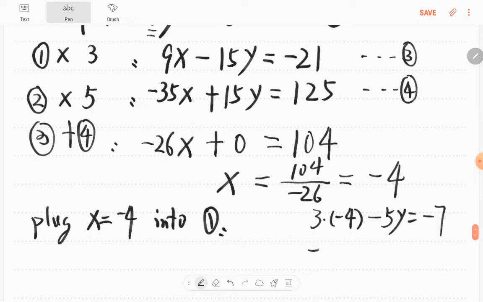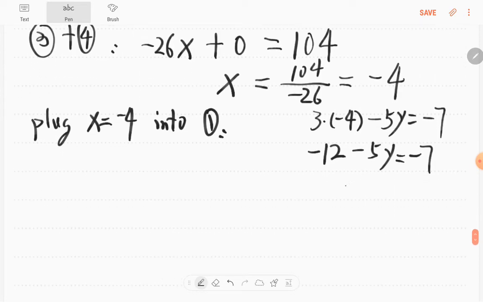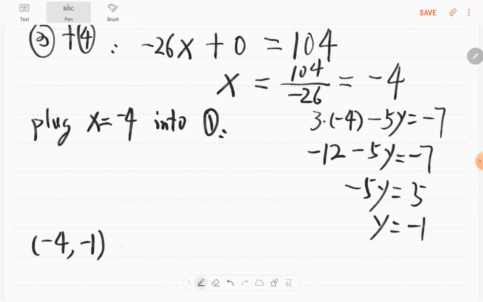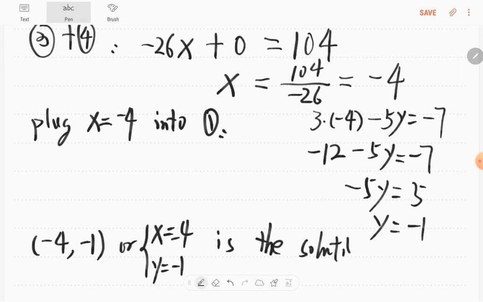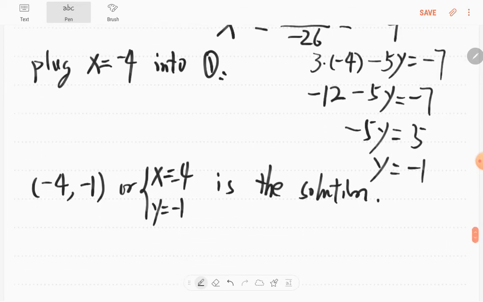So this would be negative 12 minus 5y equals negative 7. So we add 12 on both sides, so it's negative 5y equals 5. So y equals negative 1. So we have the conclusion that x equals negative 4, y equals negative 1 is the solution.